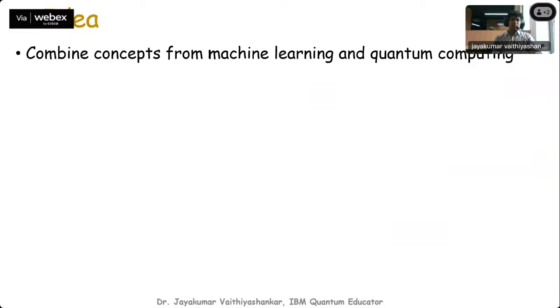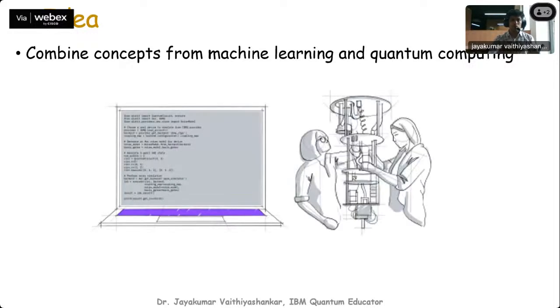The idea is to combine concepts from machine learning and quantum computing. Whatever classical machine learning code you have, you need to convert it and execute it on a quantum machine. If you do simulation, quantum machine learning will definitely not give a clear advantage. So we need to execute on a quantum machine.